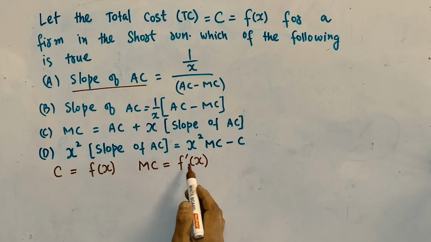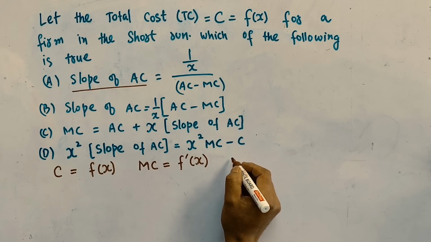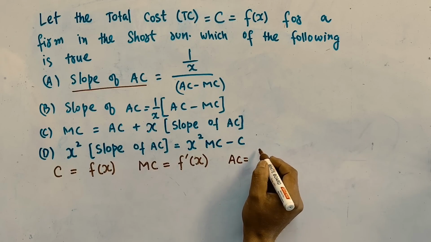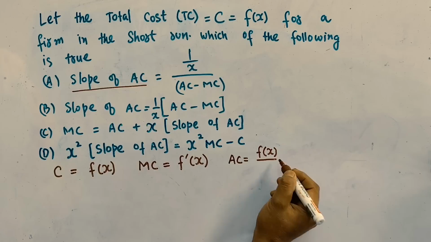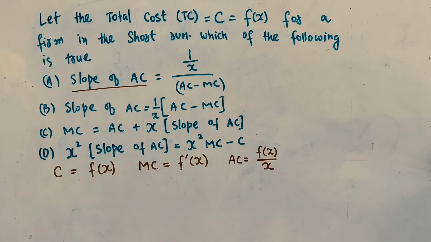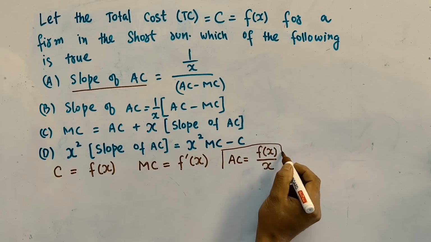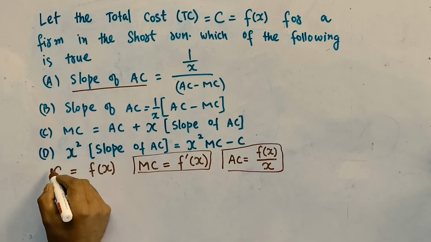So f prime x means the derivative of this total cost function. Now what about average cost? Average cost, as you know, is equal to the total cost upon the units of output. This denotes our average cost, this is our marginal cost, this is our total cost.